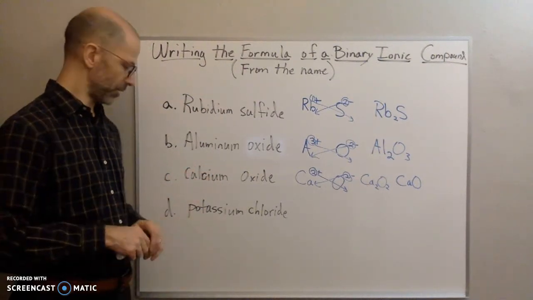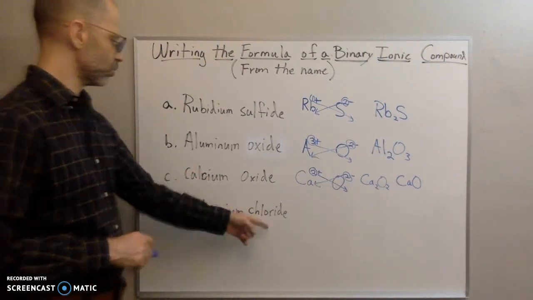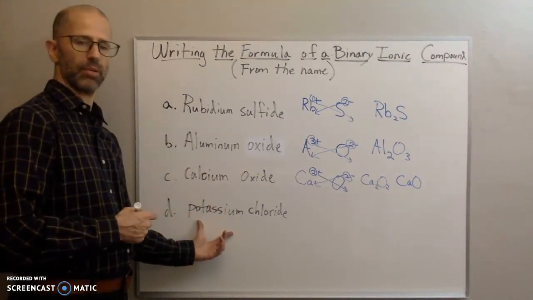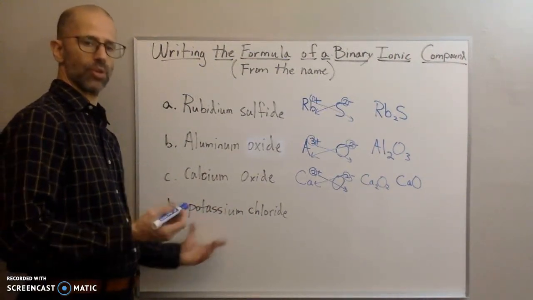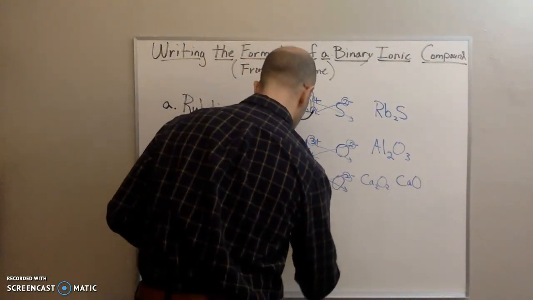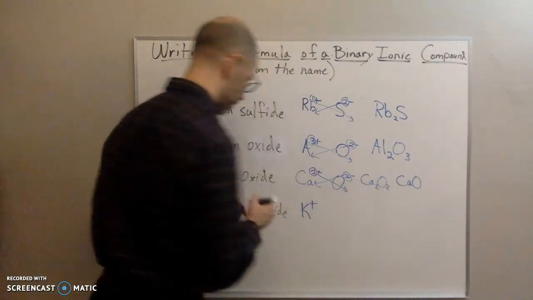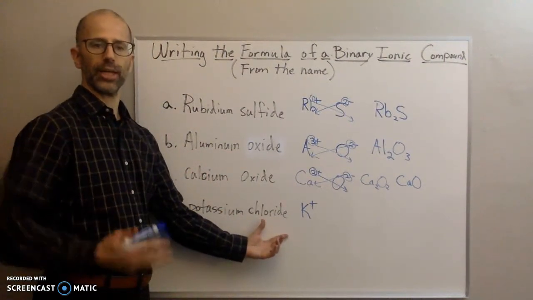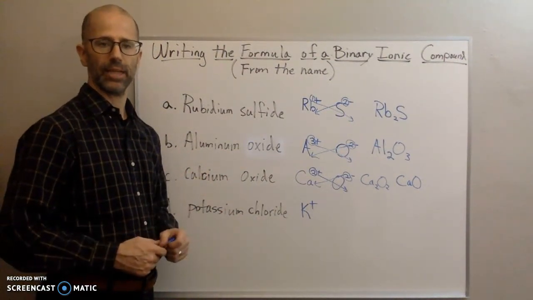Okay, so last one, potassium chloride. I look up potassium on the periodic table. It's in group 1, so it has a 1+ charge. So I put K+. Chloride comes from chlorine. I look up chlorine in the periodic table.